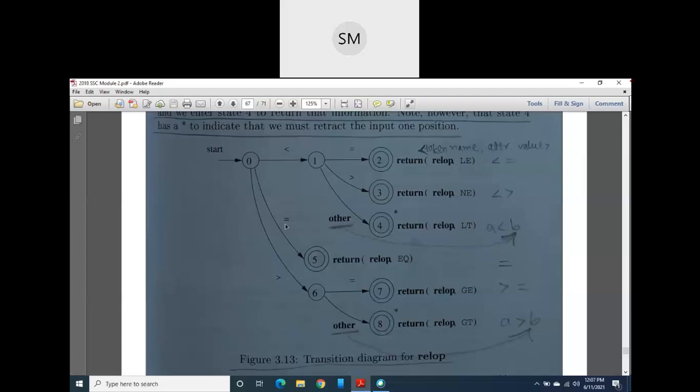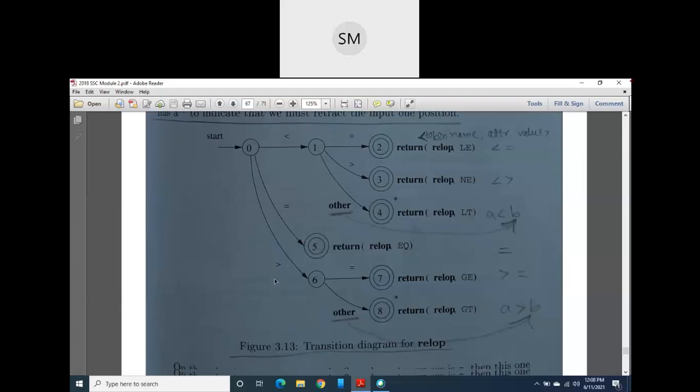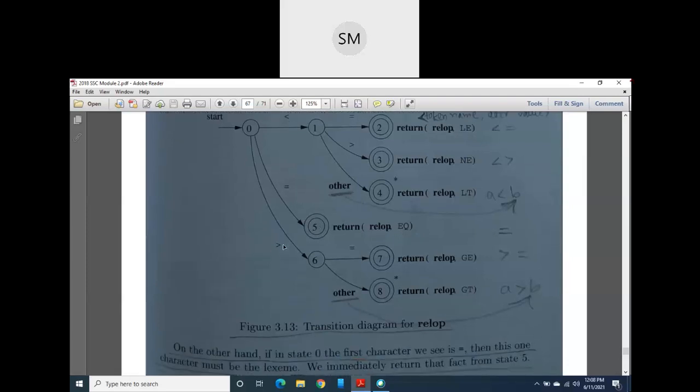After 0, another relational operator may be equal mark. If it is only a single equal mark as in our Pascal language, then you end that state in the fifth state as a final state and return that token. The token name is relational operator, and the attribute value is equal, EQ. The next relational operator may be greater than, and again after greater than there may be equal mark, giving greater than or equal to, and if an identifier, number or anything else follows, then it is simply greater than.